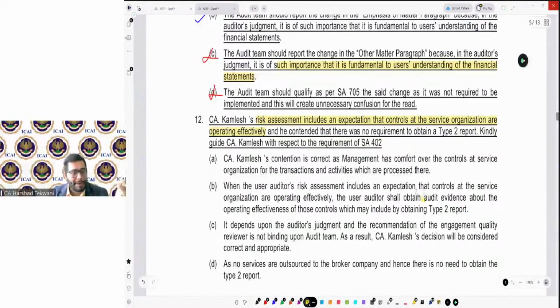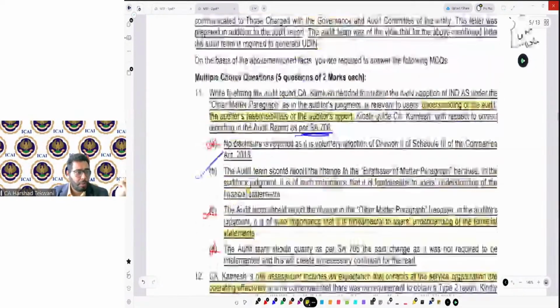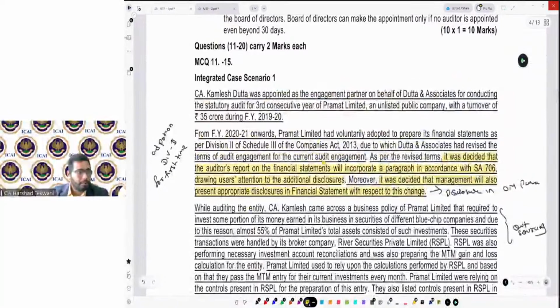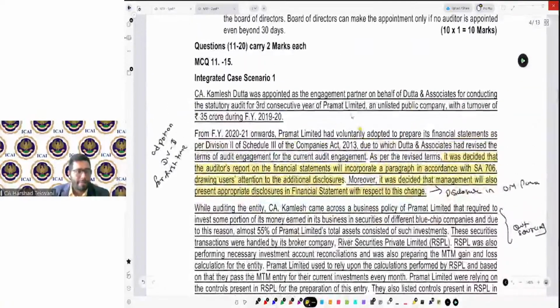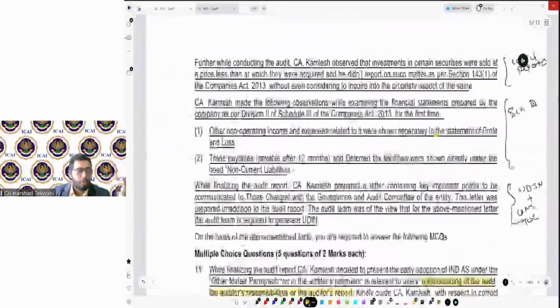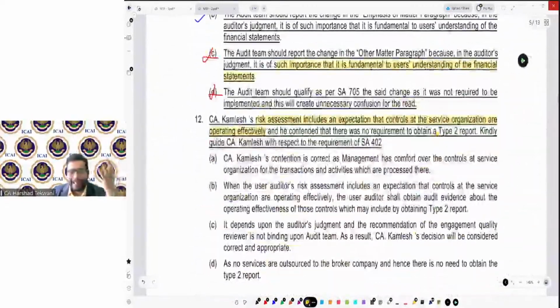So there are two companies in the picture here. One company is Pramath Limited, and some processes of Pramath Limited were outsourced to River Securities Private Limited, RSPL. So from whom can I take a type 2 report? Pramath Limited is there.